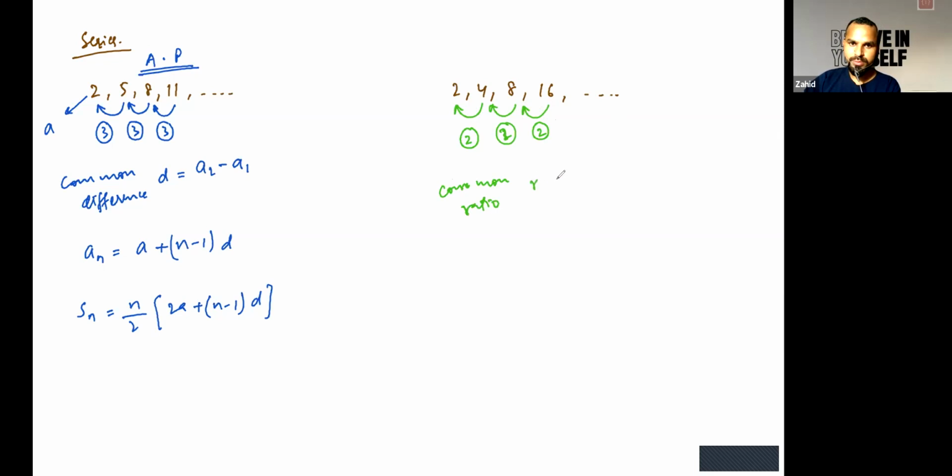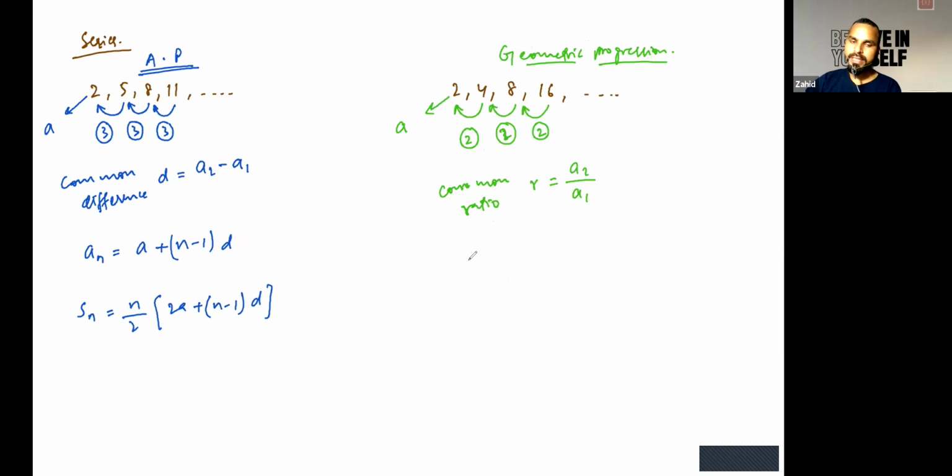It is represented by small r, which equals the ratio of two consecutive terms, a2 divided by a1 or a3 divided by a2 and so on. So this sequence, which is arranged on the basis of a constant factor multiplied each time, is called a GP or geometric progression, in which the first term is 2 and the common ratio is 4 by 2, that is also 2.